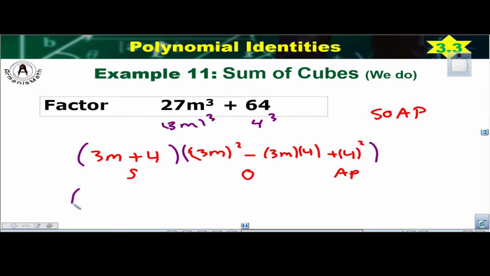And finally I'm going to end up with 3m plus 4, and I've got 9m squared minus, how much do you think? What's 3m times 4? That's 12m.